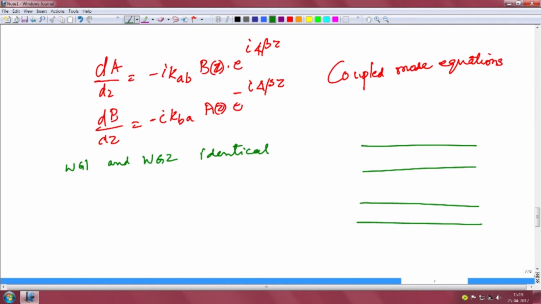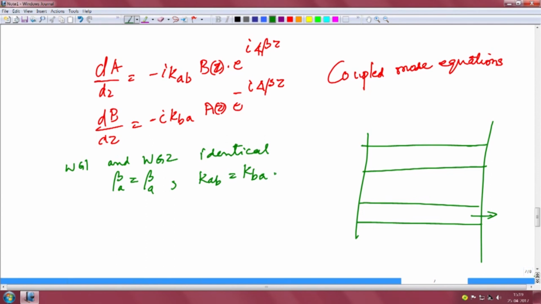We can call this a symmetric waveguide directional coupler and check what happens when we launch light into the first waveguide and when you receive the light from the second waveguide. When waveguide 1 and waveguide 2 are identical, you have beta A equals beta B, and so KAB equals KBA, and delta beta is equal to 0.